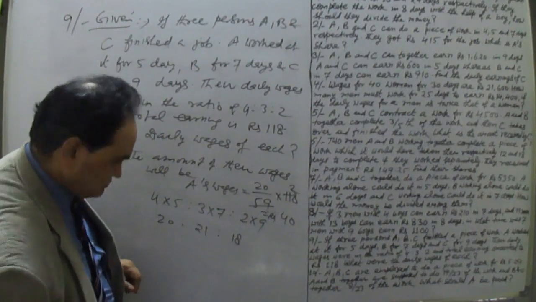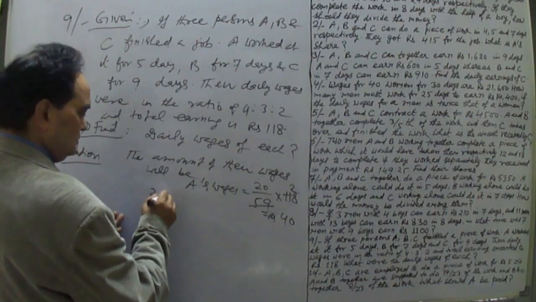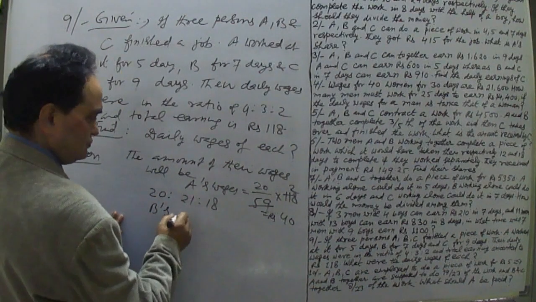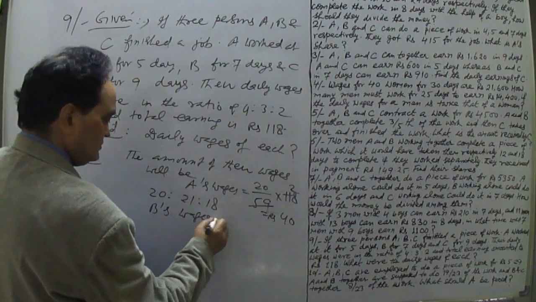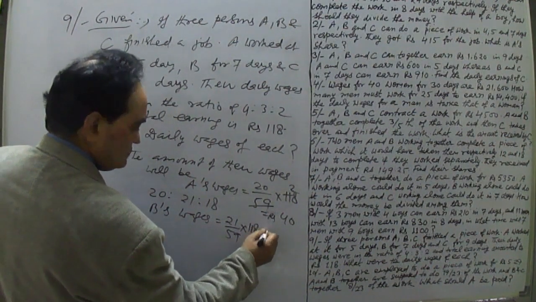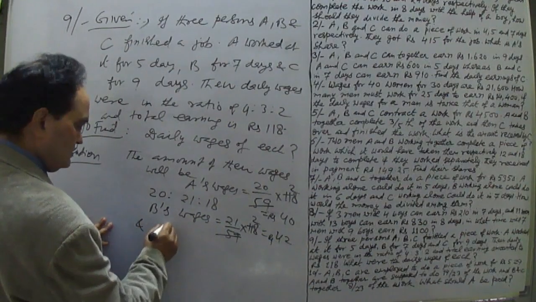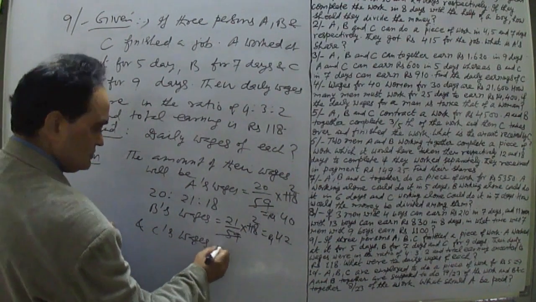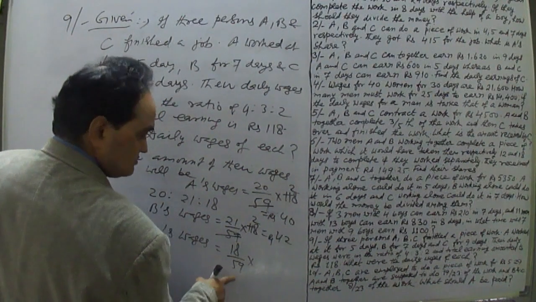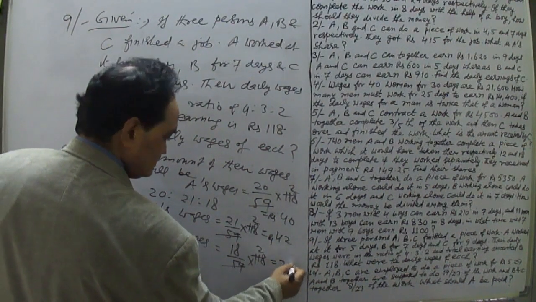This is the first answer. Second is the 21 and 18 ratio. It was actually 20 is to 21 is to 18, and therefore B's wages equal to 21 upon 59 into 180, which is 42 rupees, and C's wages is equal to 18 upon 59, the sum of the ratios in the denominator, into 180, which is rupees 36.